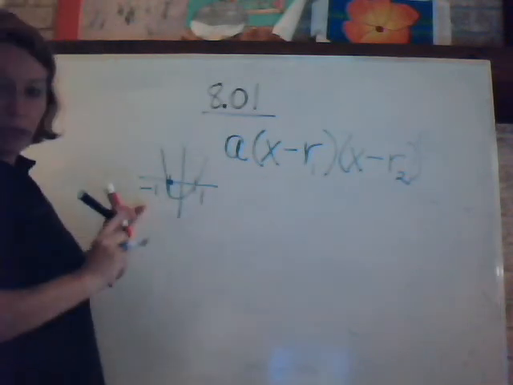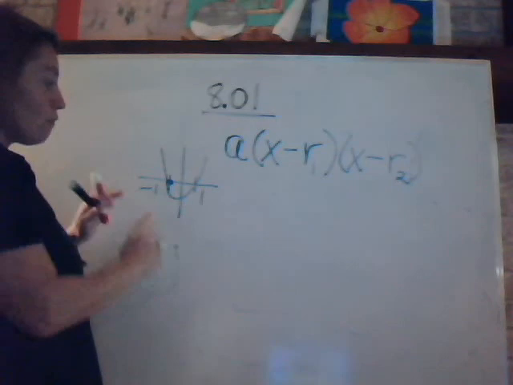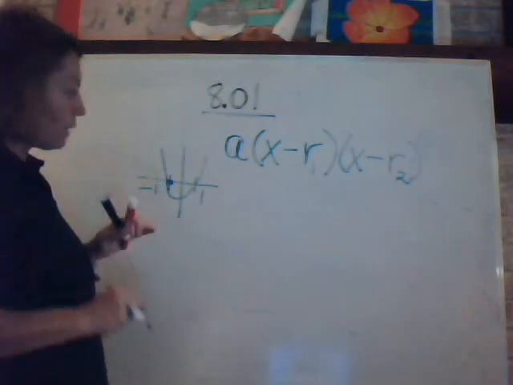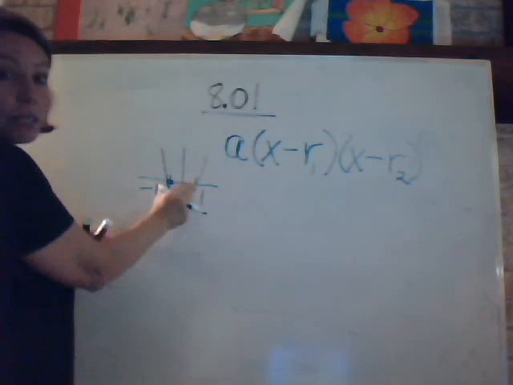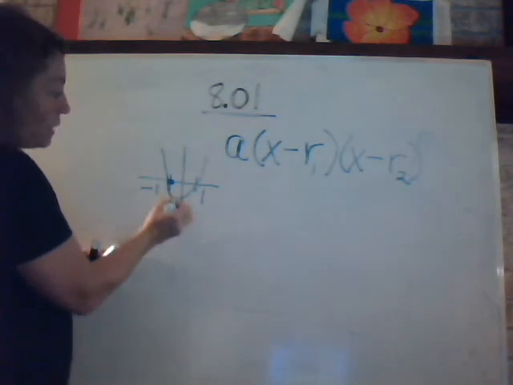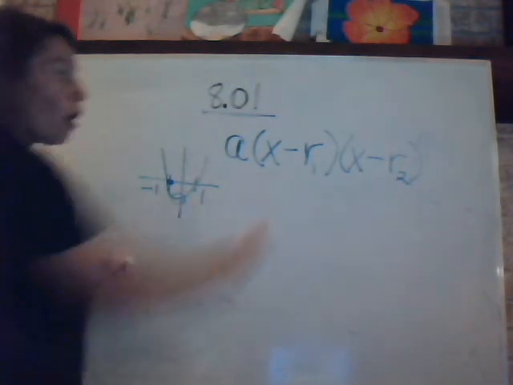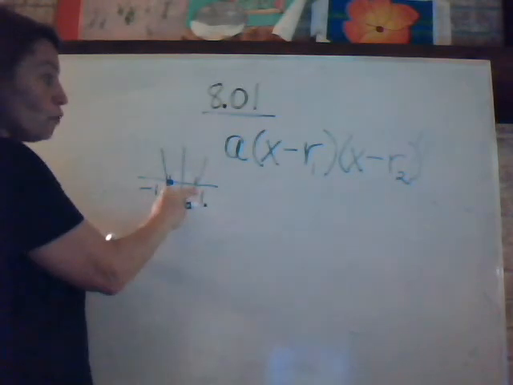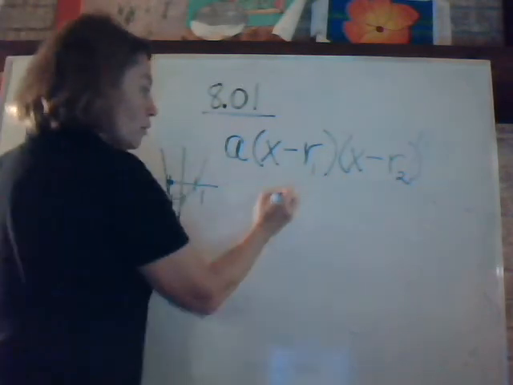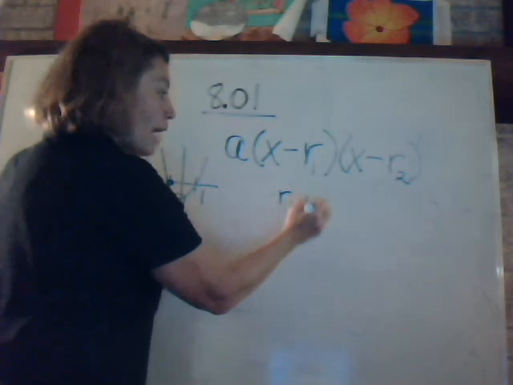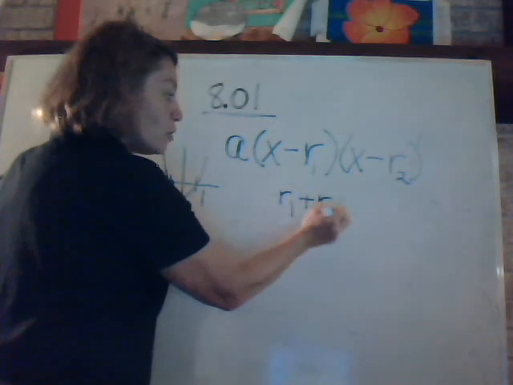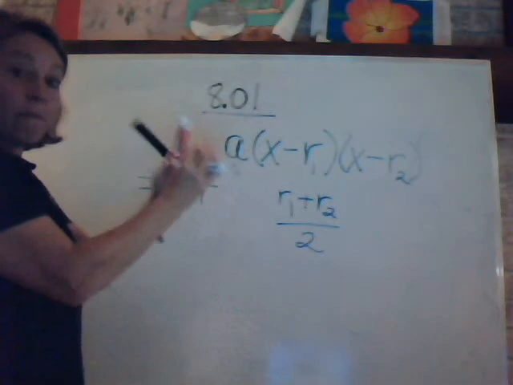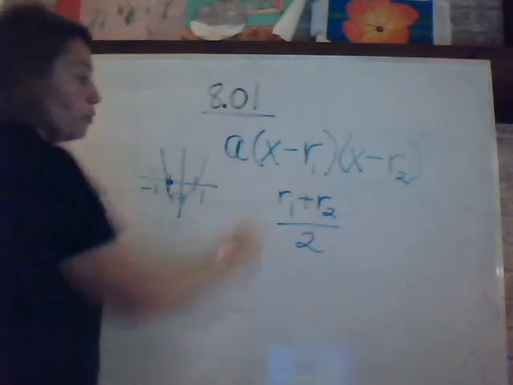Now, to find the axis of symmetry from the skeleton formula, it's going to be halfway between these two roots, right? Because it's symmetric. So all we have to do is take our 2 roots, r1 and r2, and find the halfway point. So we add and divide by 2. In other words, we find the midpoint of the 2 roots.